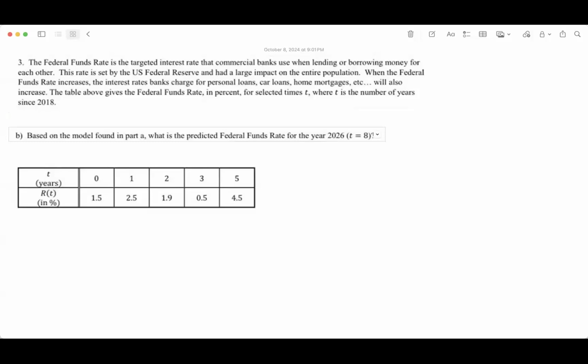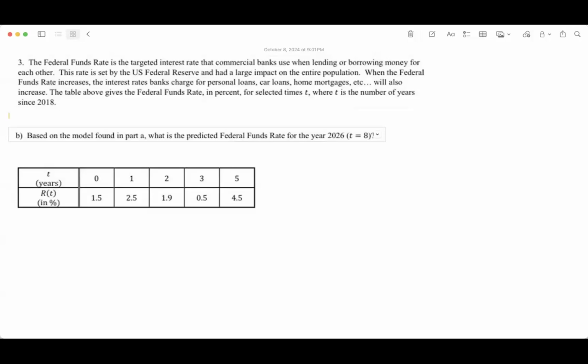I'm going to type 0, 1, 2, 3, 5. Then I have 1.5, 2.5, 1.9, 0.5. And then I have 4.5.